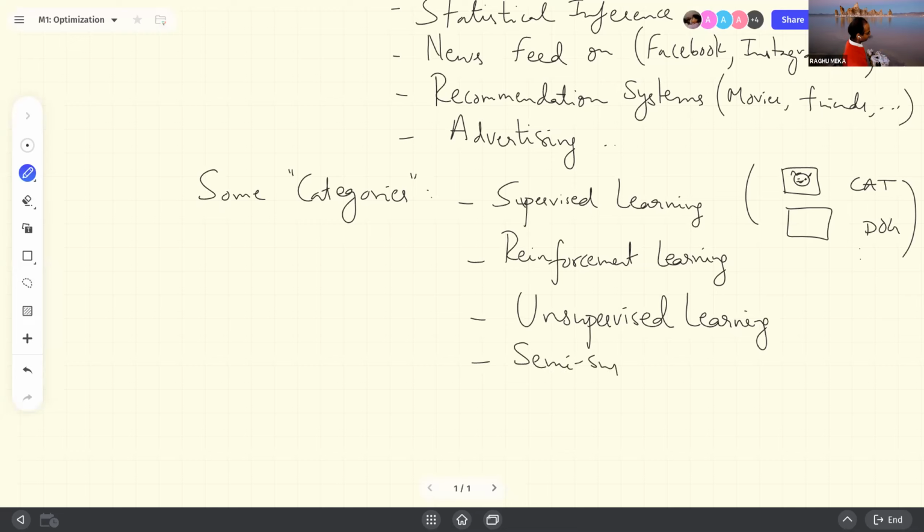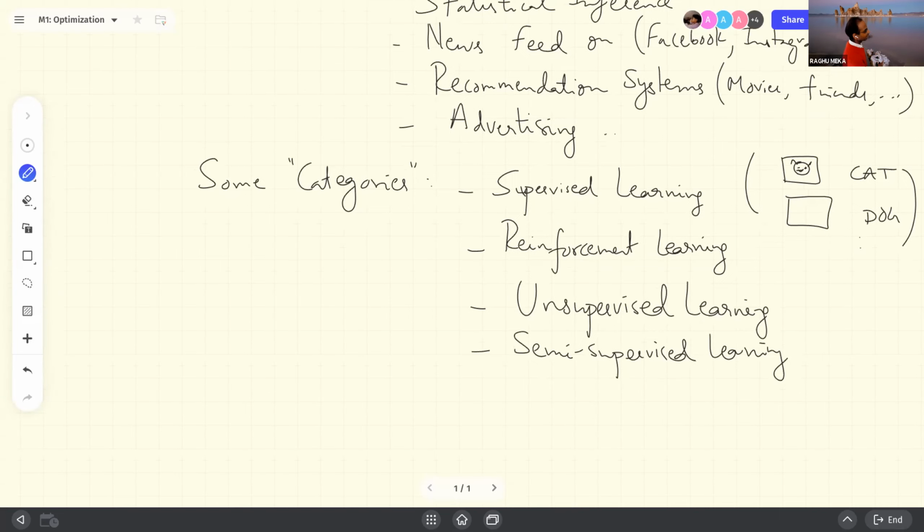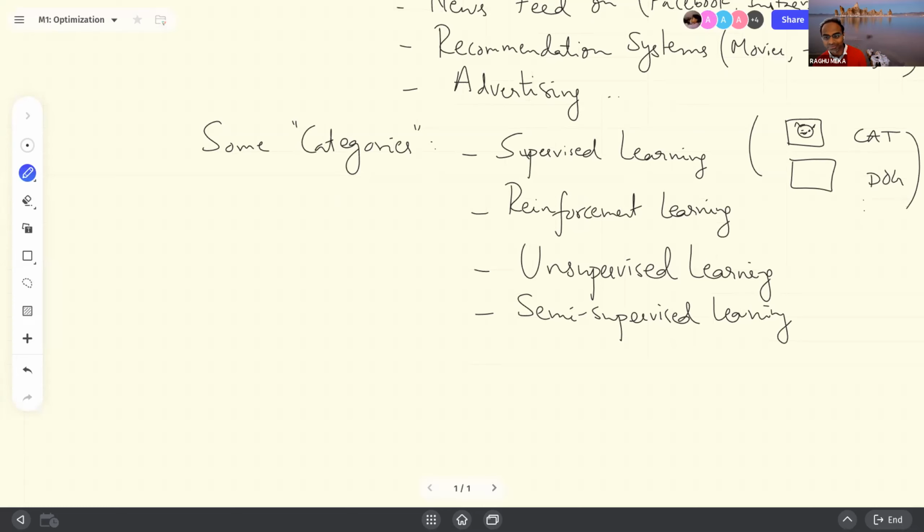And of course, there's everything in between, right? There's semi-supervised learning, where you have some little bit of label data, meaning I give you maybe 10 images, right? And then I give you 1 million unlabeled images and ask you to figure out, okay, tell me what's a cat and dog from now on. You might think this seems hopeless, but you can actually do something like that too. It's not unreasonable.